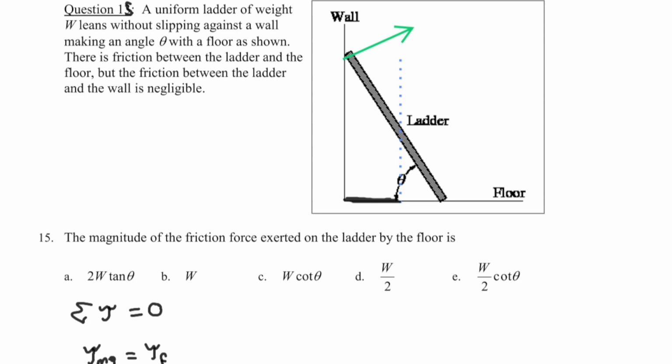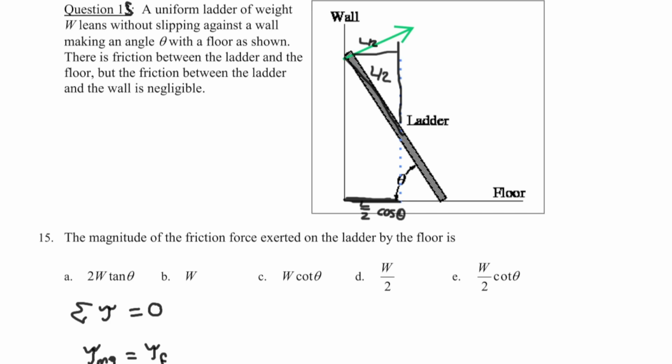Well, if this distance right here is L over 2, and my triangle angle is theta, that's going to be L over 2 times cosine theta. Because again, if I redraw myself a little triangle up here, this will be L over 2 cosine theta.